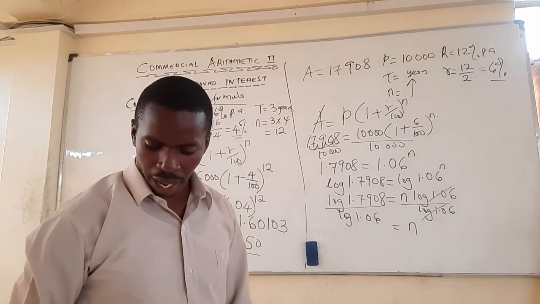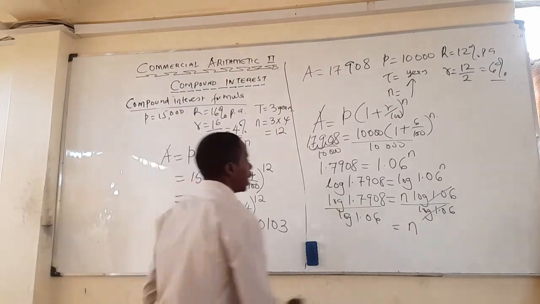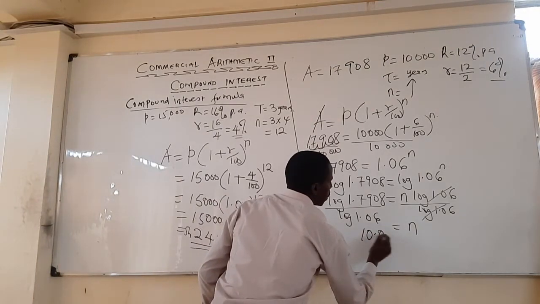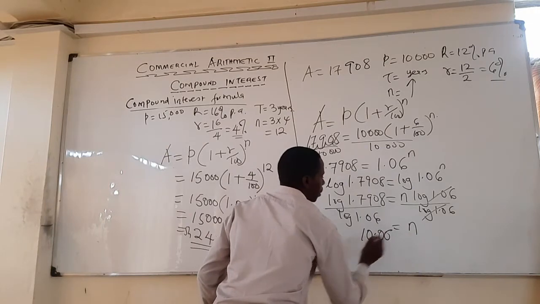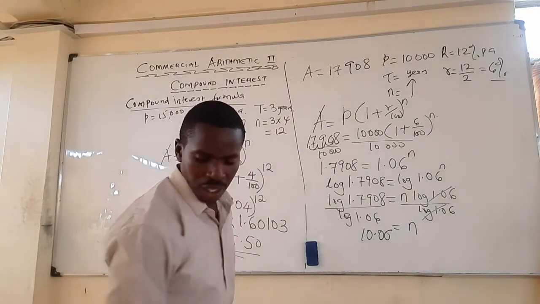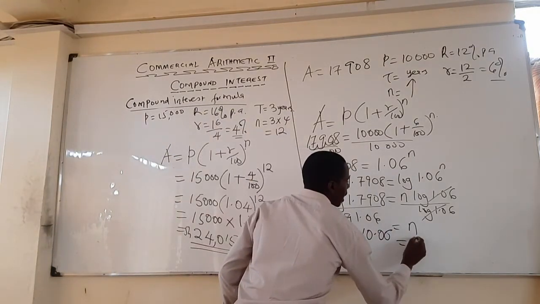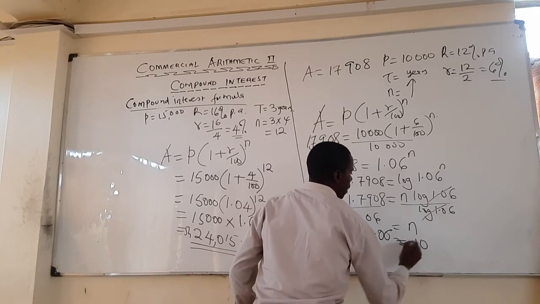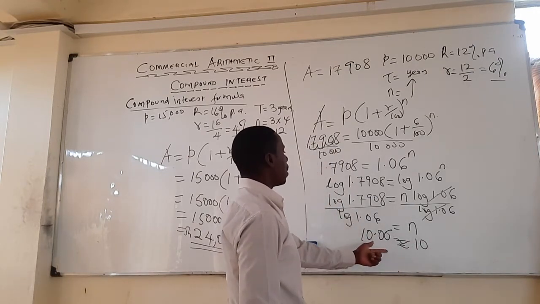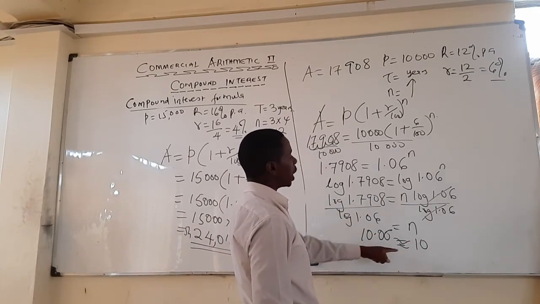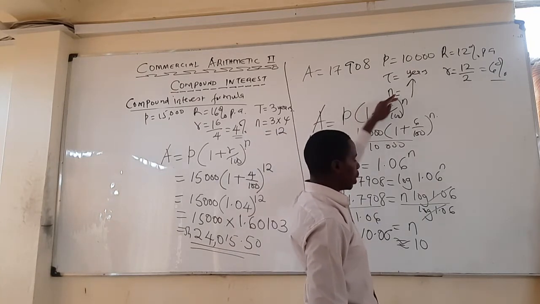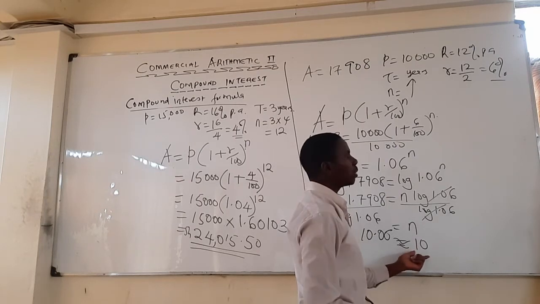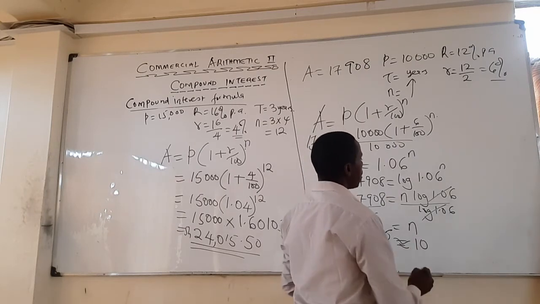And that one, I have 10.06, which is approximately 10. So that is the number of periods that we have. Remember, in 1 year, we have 2 periods. So if we have 10 periods, meaning that we have how many years?